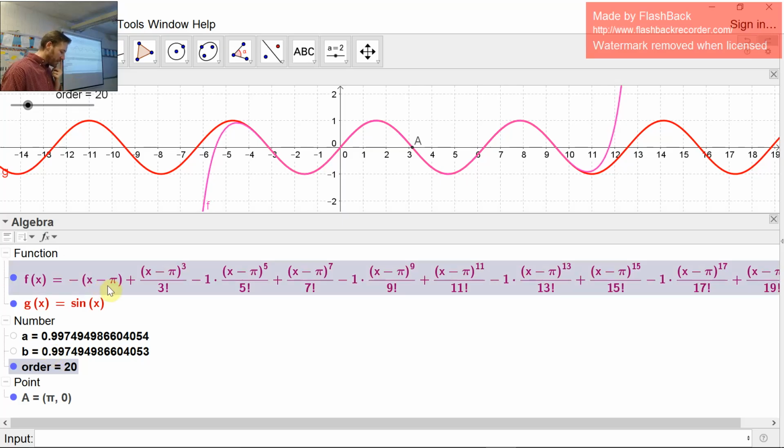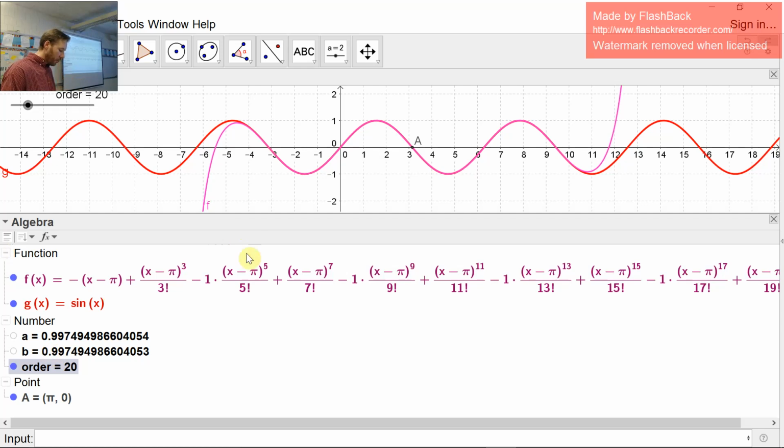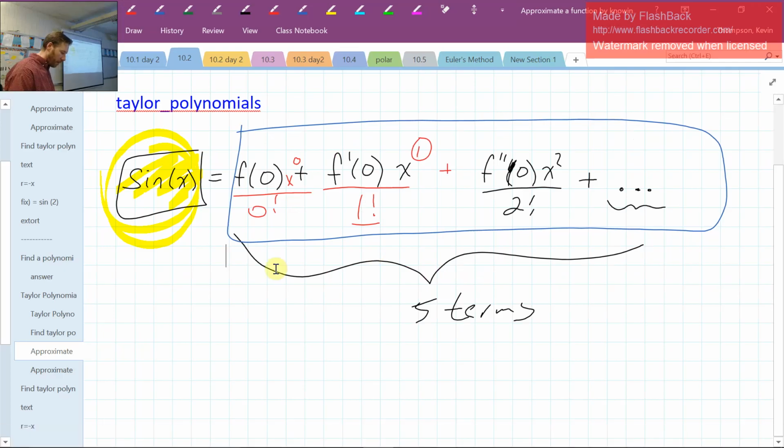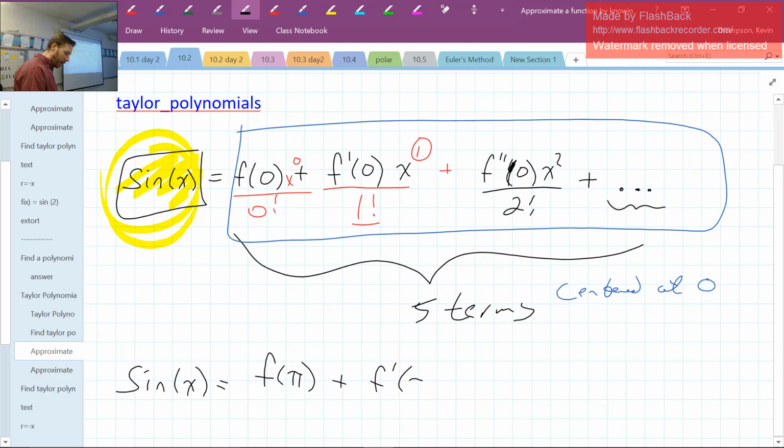So if it's centered somewhere else, all of your calculations change. If I go back here, think about what we wrote here. This would be the polynomial centered at 0. If I want it centered at pi, I would have to say the sine of x is f of pi plus f prime of pi, x to the first, plus f double prime of pi, x squared over 2 factorial.